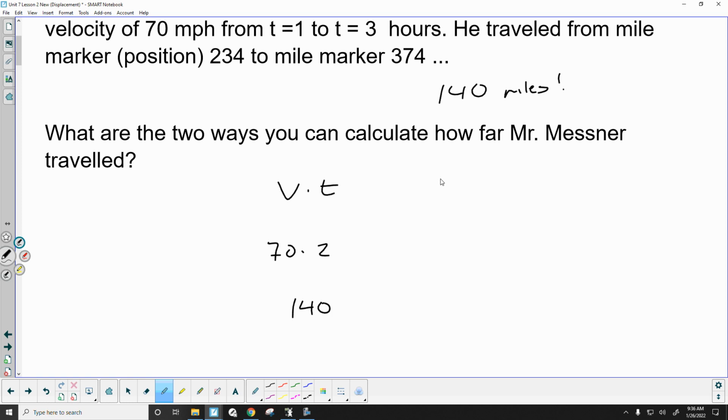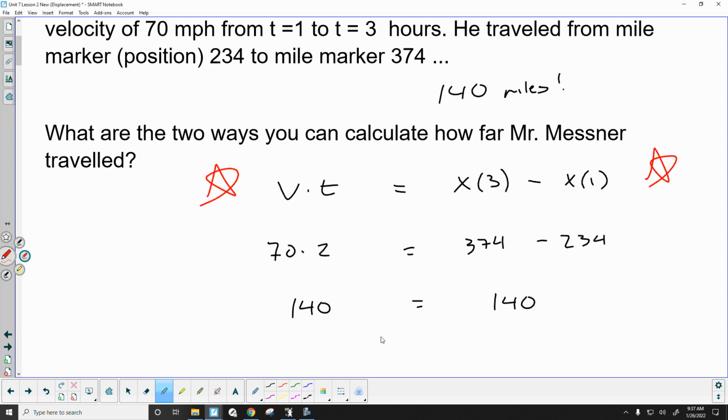But I also realized that I can have my ending position, and I can subtract my starting position. This is when I did the 374 minus the 234, and I get the same answer, 140. My friends, two different ways to get the same answer.